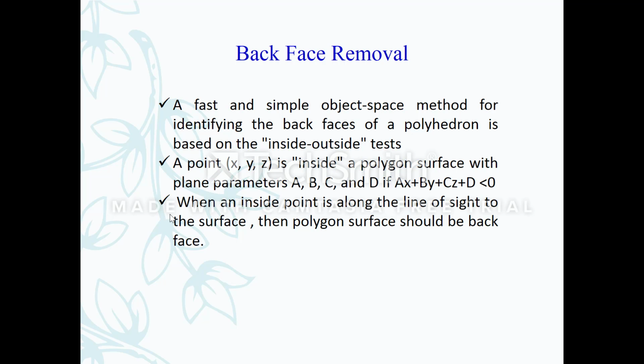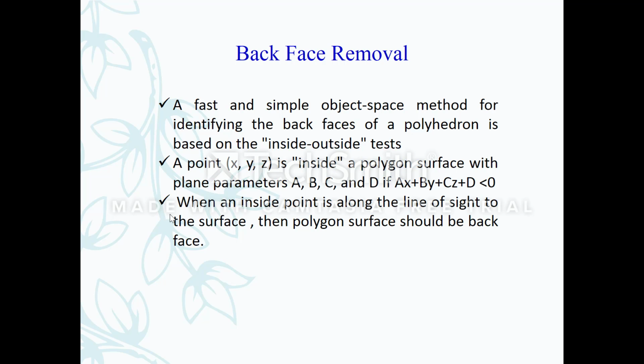What is backface removal? Backface removal is nothing but first detecting what is a back object or backface and removing that. That's it. A fast and simple object space method for identifying the back faces of a polyhedron is based on the inside-outside test.